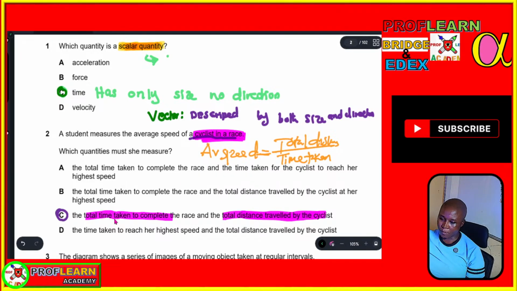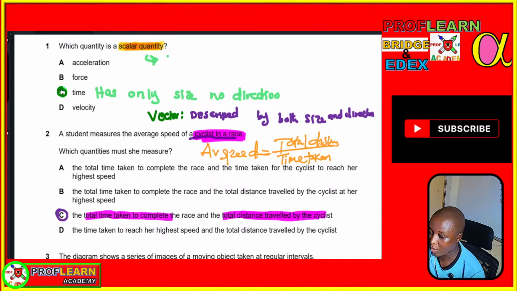So in that case, it will be the total time taken to complete the race and the total distance traveled by the cyclist. Those are the quantities that are going to be measured in order to work out the average speed. Great, Ali, for letting me know.